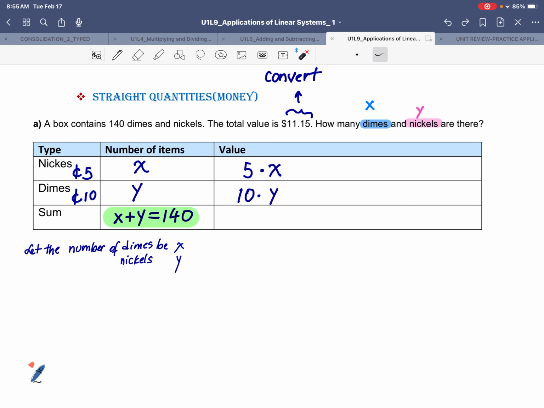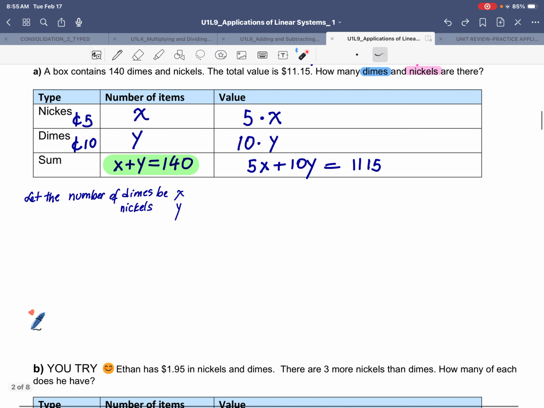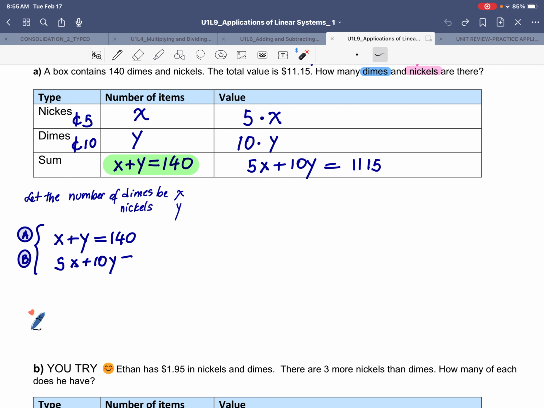So we're going to say that the sum of the coins, x plus y, is 140, and the value of the coins, 5x plus 10y, would be equal to 1,115. So these will be our two equations. We're going to call them equations A and B, and put them together in a system. We have x plus y equals 140, 5x plus 10y equals 1,115.